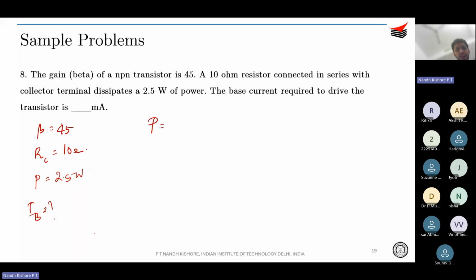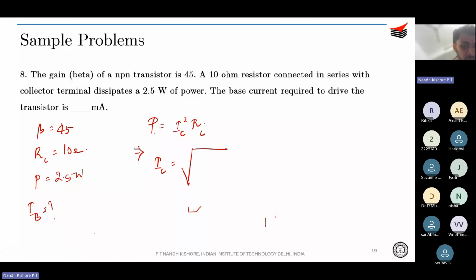It's a pretty simple problem, right? So what is the power loss through a transistor or through a resistor? I square R, right? In this case, it's in the collector side, so it's going to be IC square RC. This is the power loss. Okay. So if this is the case, you know what is P, you know what is RC, you find out what is IC.